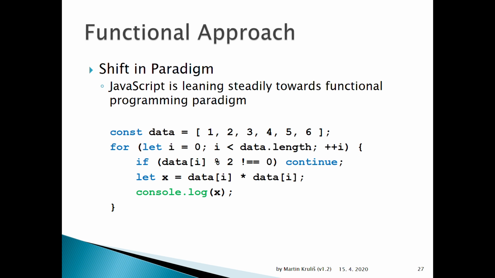I will explain this on an example. So read this following code and try to guess what the code does. I will give you a few moments, or you can pause the video if you like. So what this code does actually, it prints out these three numbers. Okay.